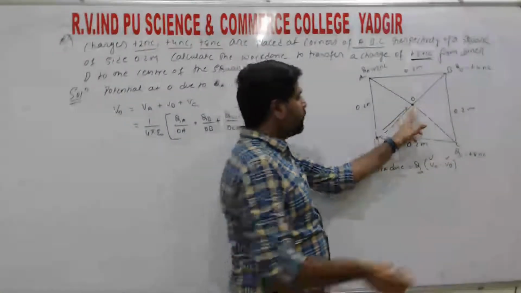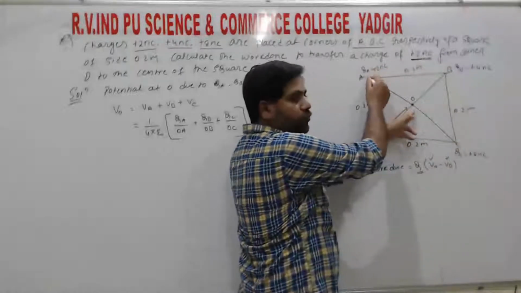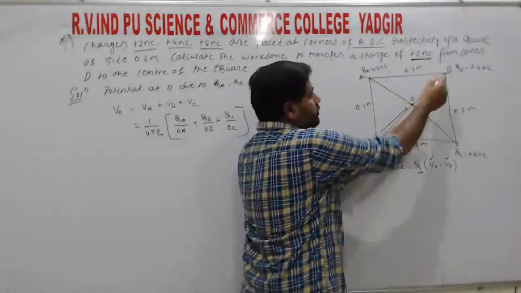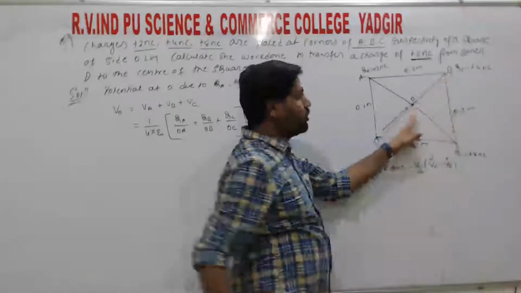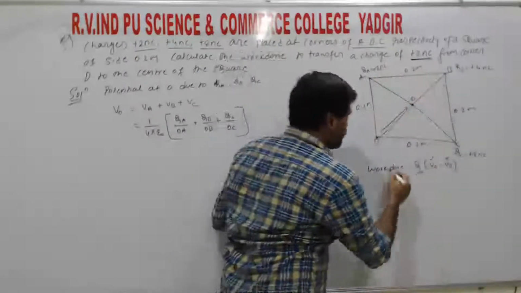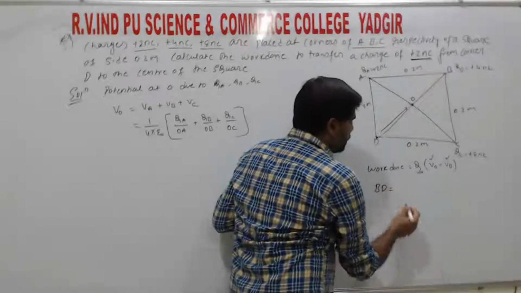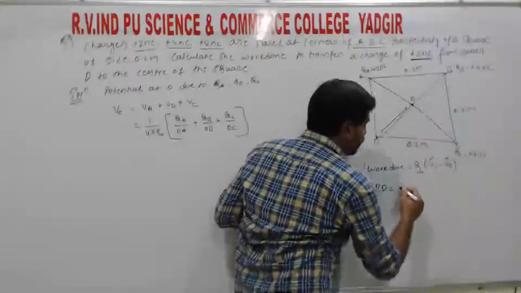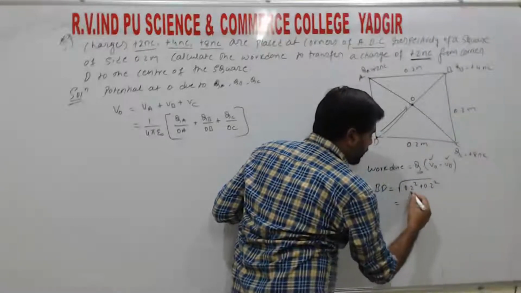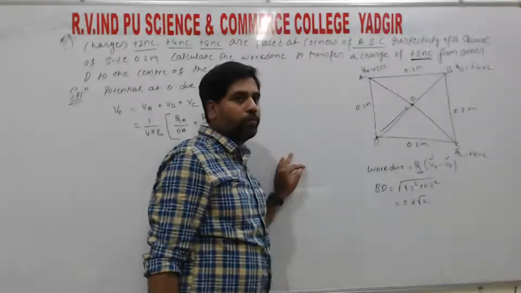We need to find the distances: the distance from A is AO, from B it is BO and from C it is CO, right? So from Pythagoras theorem, BD is equal to square root of 0.2 square plus 0.2 square, so we can write 0.2 root 2, right?